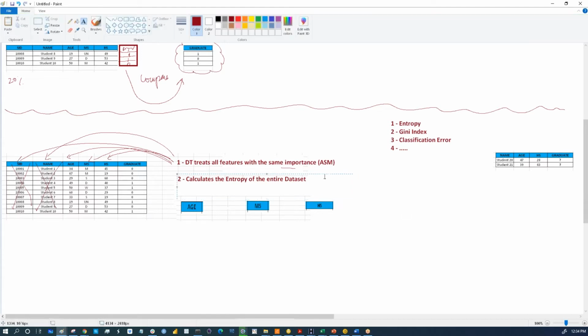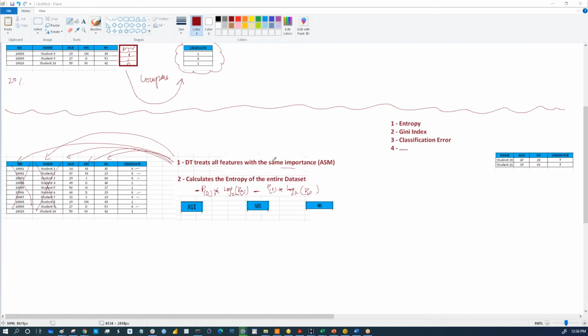The formula used to calculate the entropy is minus the probability of 0 multiplied by log base 2 of the probability of 0, minus the probability of 1 multiplied by log base 2 of the probability of 1.